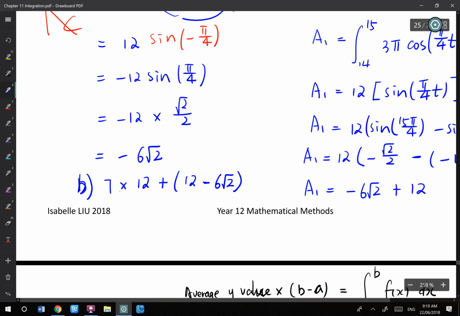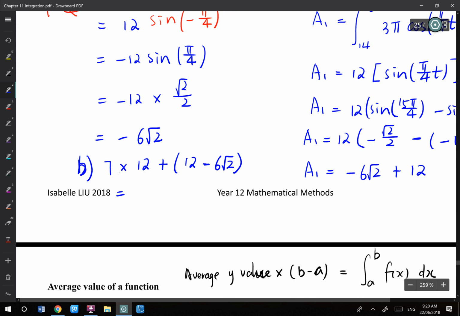So we add all the area together that gives you the distance. So we have 8 of that: 8 times 12 minus 6 root 2.